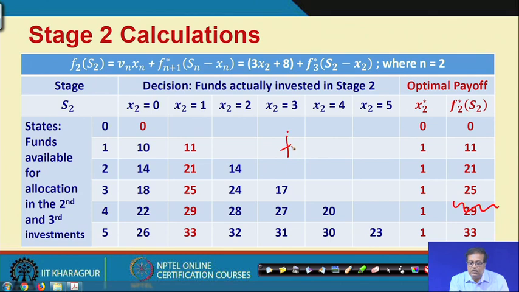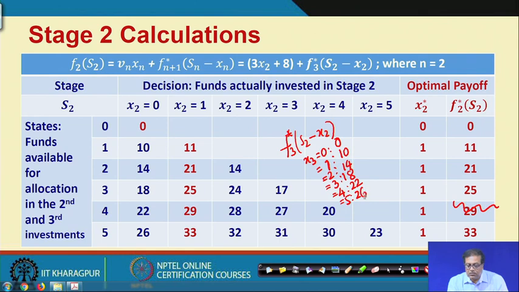if we write all these f3 star (s2 minus x2) values, then for x3 equal to 0, it should be 0. For 1 it is 10, for 2 it is 14, for 3 it is 18, for 4 it is 22, for 5 it is 26.